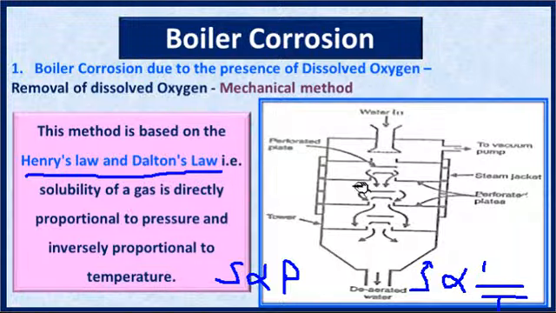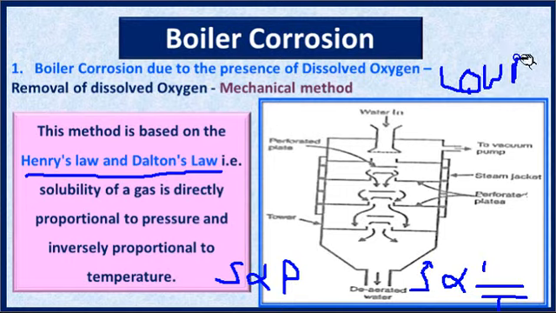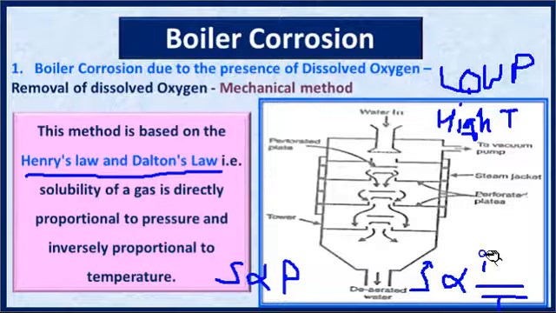So to decrease the solubility of oxygen in water, what condition do we have to maintain in this mechanical deaeration chamber? We have to maintain low pressure and high temperature. Why? Because of Henry's law and Dalton's law, we know that temperature is inversely proportional to the solubility and pressure is directly proportional to the solubility.